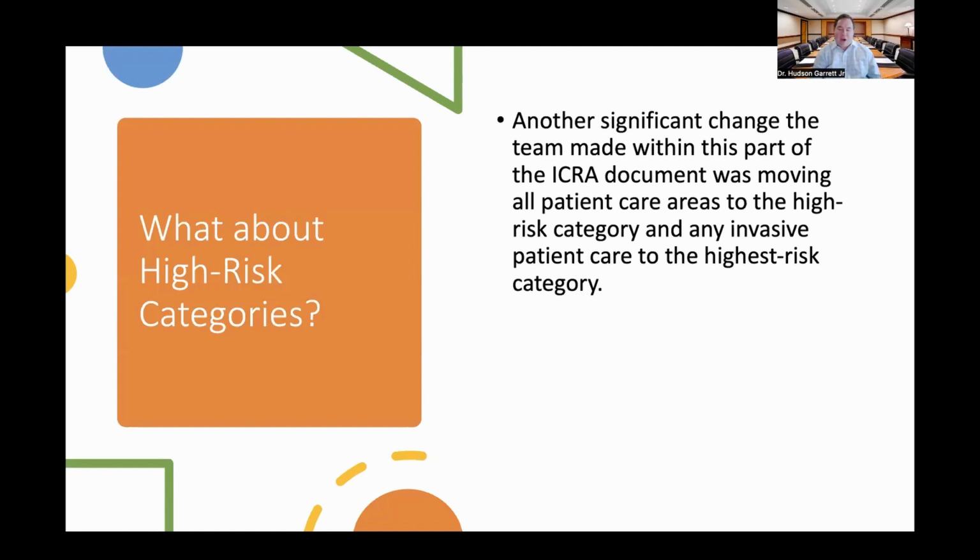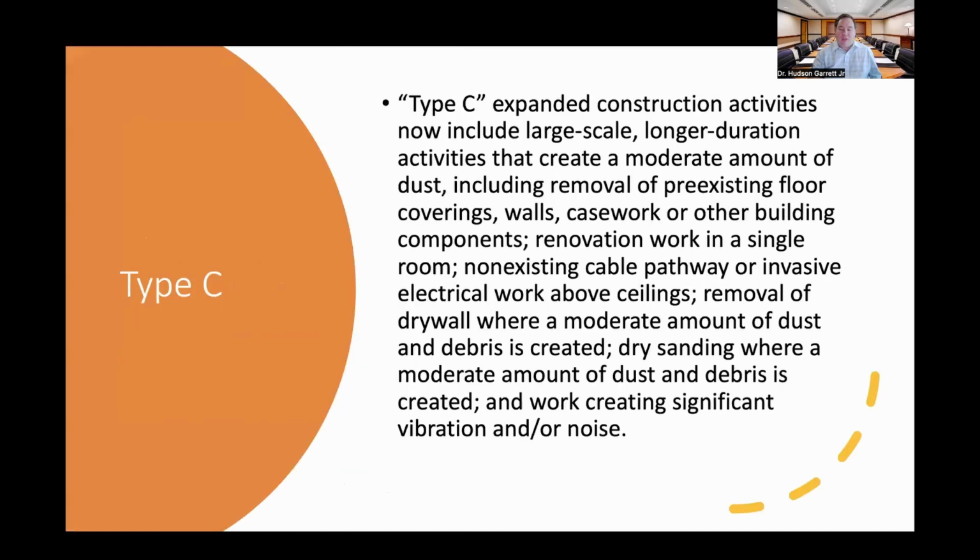And what you find here is that all of the patient care areas have actually been moved to the high-risk category, and then anything that's considered invasive, more of those procedural areas like our IR labs and ORs and places like that, have moved over to the highest risk category. So again, it gives a little bit more clarity: all patient care, with the exception of our high risk invasive areas, is going to be in that high risk category, whereas our invasive areas have now moved to the highest risk category, if you will.